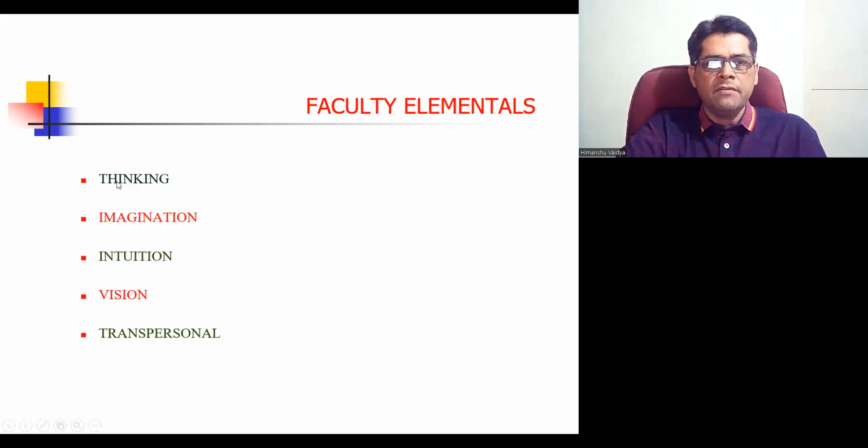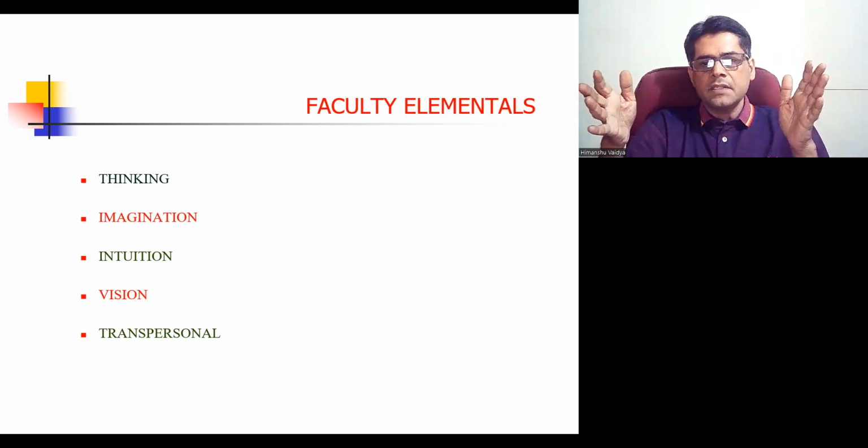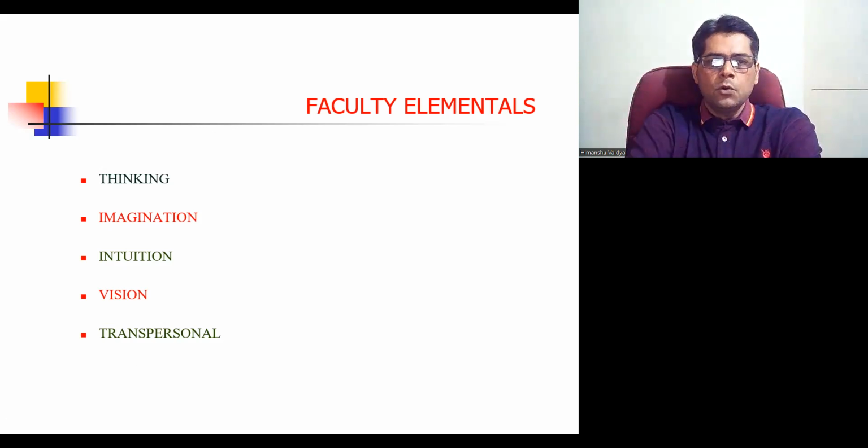Faculty elementals are five: faculty of thinking, faculty of imagination, faculty of intuition, faculty of vision, and a transpersonal faculty. Thinking, we already know, is a faculty which is used in the psychological process in two ways.